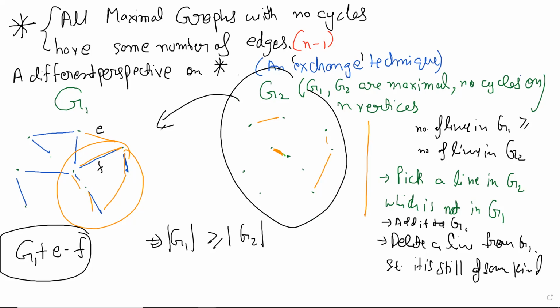That is right in some sense, but the actual exchange happens on both sides. You are exchanging F for E. So from G1, you're going to G1 plus E minus F. That is the exchange.